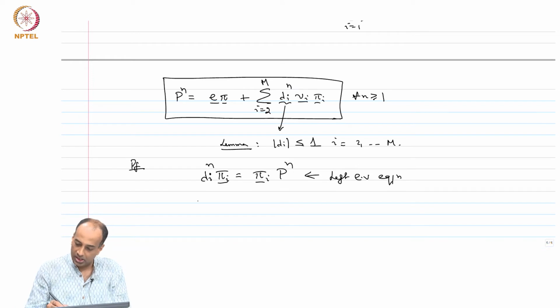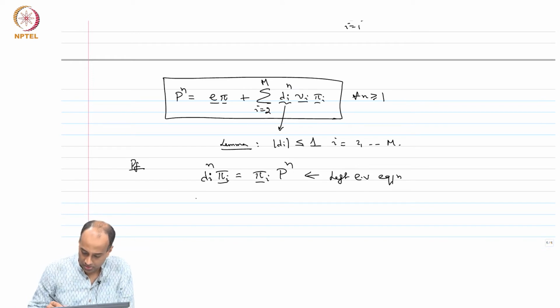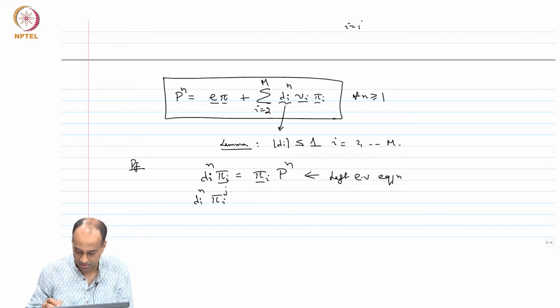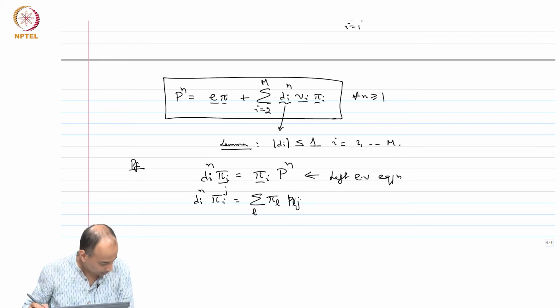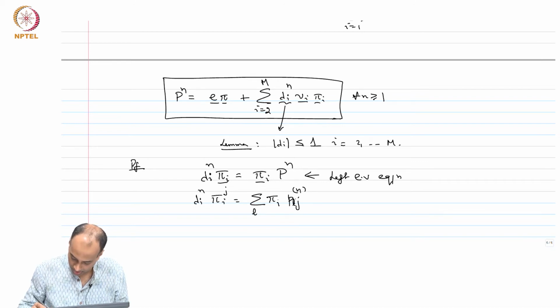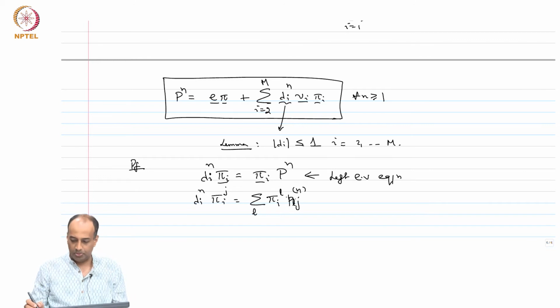If you consider the jth component of this, you will get lambda i to the n, pi i jth component, is equal to the sum over l of pi i l, P l j to the n.